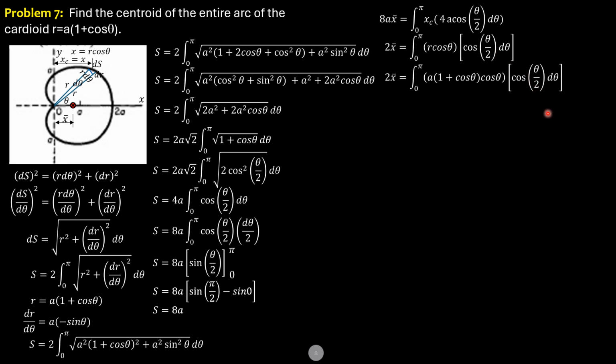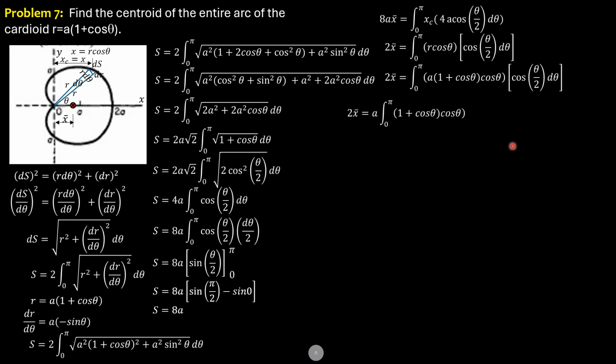So simplifying, let's think of identities which will make the integrand integrable. So that would be 2 barred x equals a. Then we replace this back: square root of 1 plus cosine theta over 2 is cosine theta over 2 here.